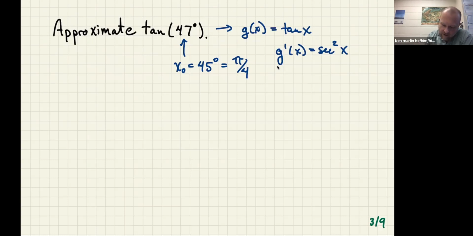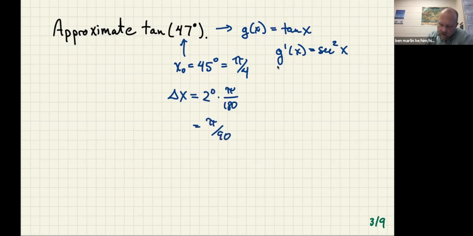Now we have to think about, what is the delta x? You can see that going from 45 to 47, we had to go up 2 degrees. But then we have to change that into radians. So multiply by pi over 180, and you end up with pi divided by 90.